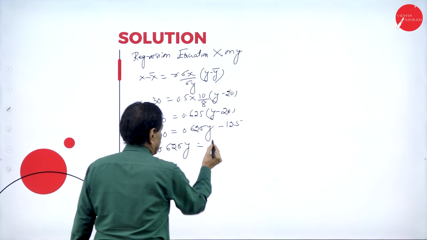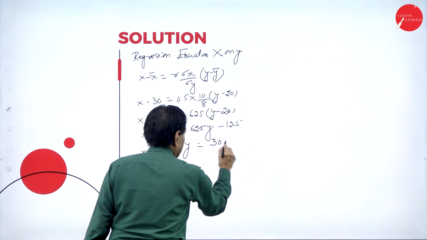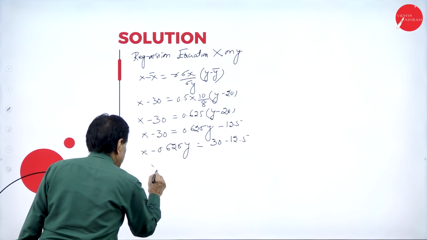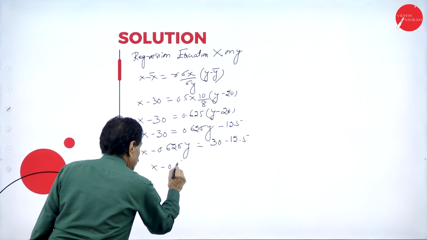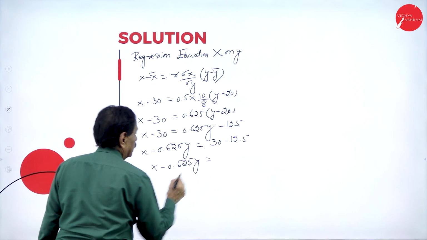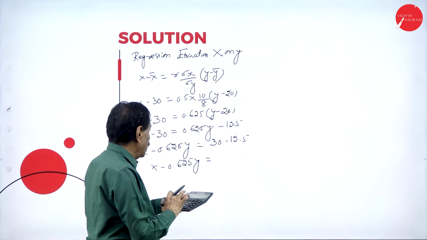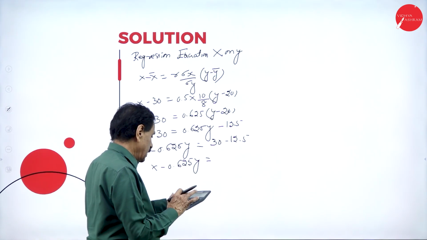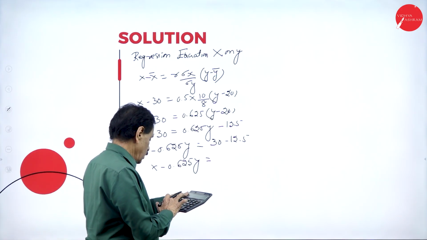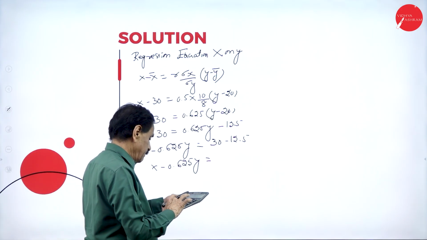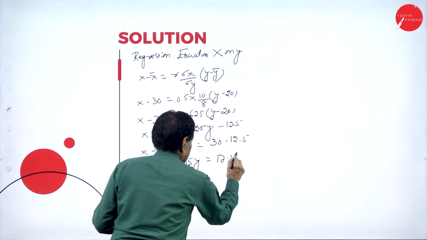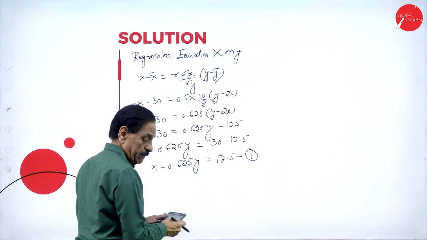You take minus 30 to become plus 30 minus 12.5. X minus 0.625y is equal to 30 minus 12.5, which is 17.5. This is the equation.